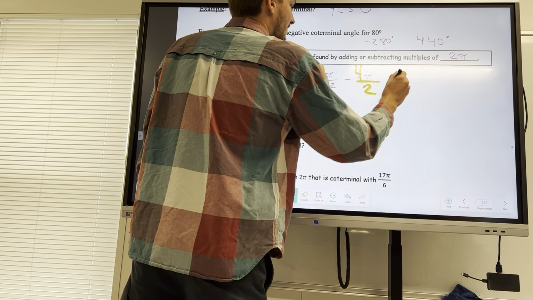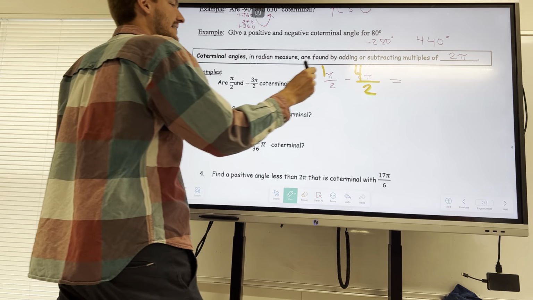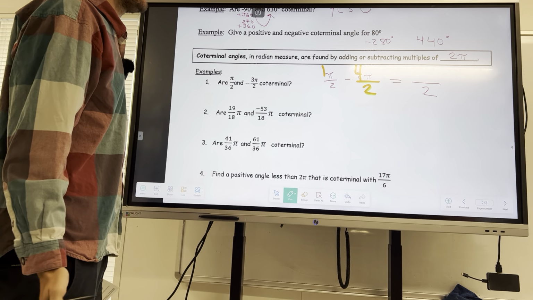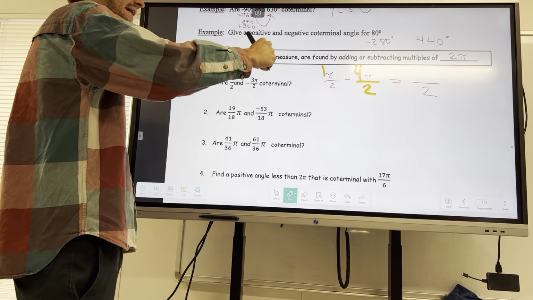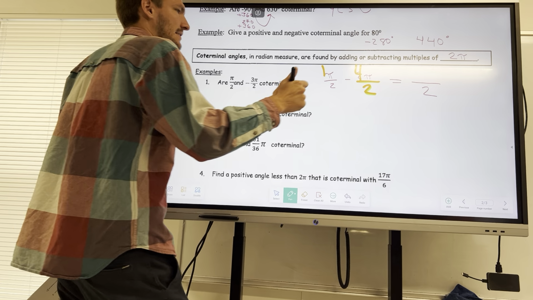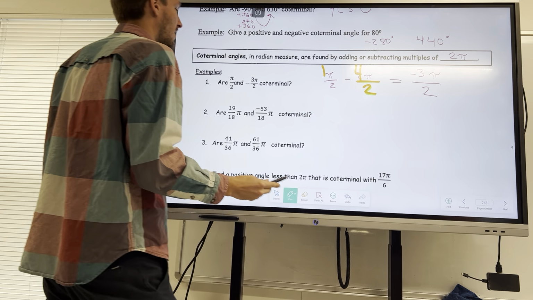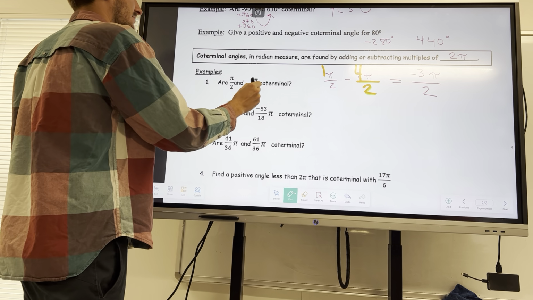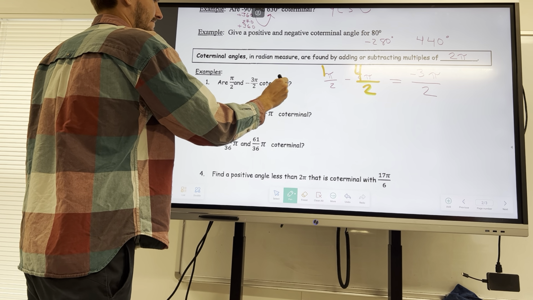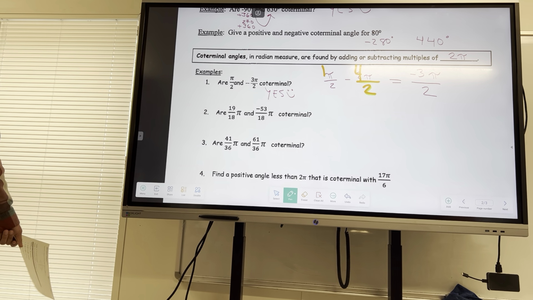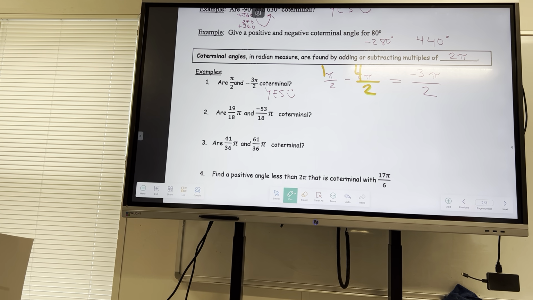A little bit of fraction addition: leave the bottoms alone, add or subtract the tops. 1 pi minus 4 pi is negative 3 pi. And so, are these coterminal? Yes. They're coterminal because we added or subtracted 2 pi and we got to the same place.